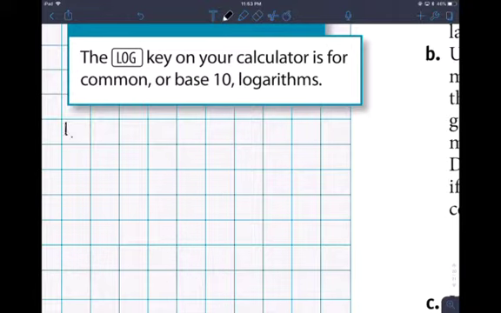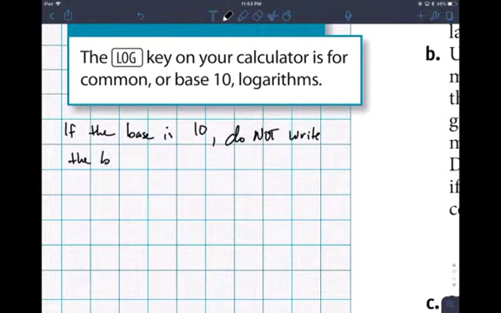If the base is 10, do not write the base in log notation.